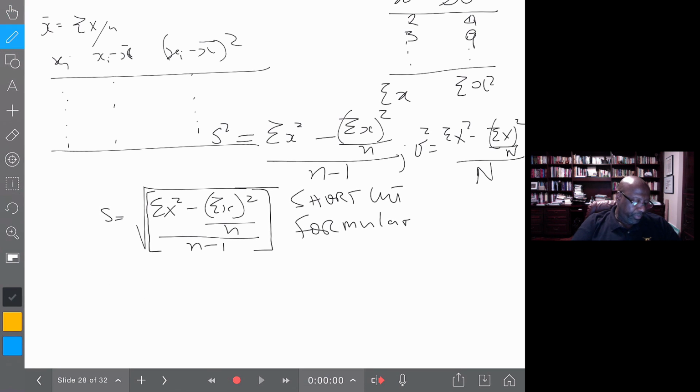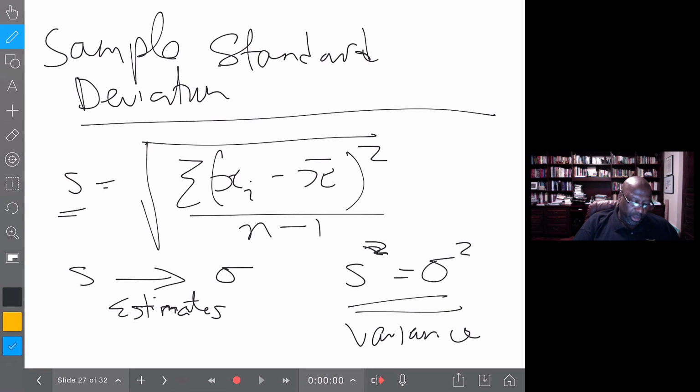So this numerator right here, we call it the sum of squares. If you think back to the formula that I gave you earlier, you see how we have the xi minus x bar, and we square it and then we add them up with the sum.